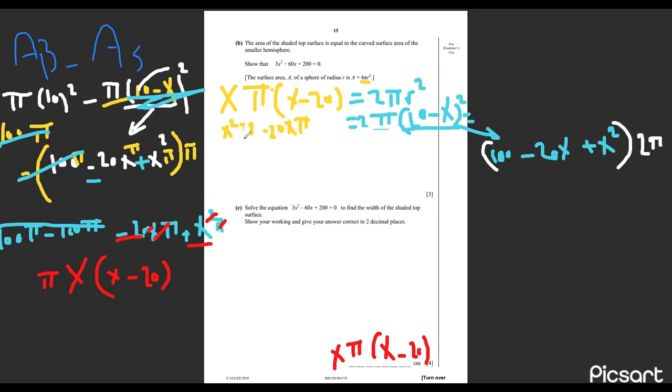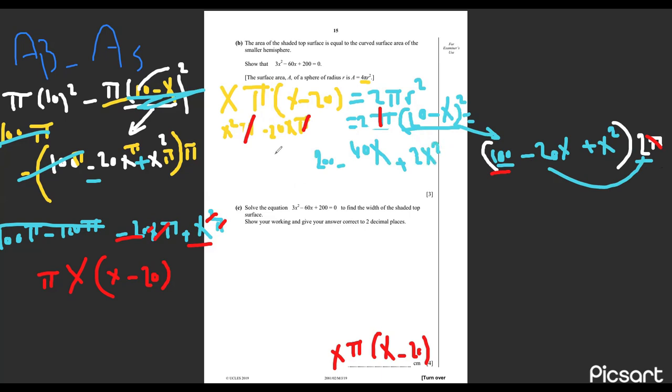We can cancel the pi from every term and just multiply by 2, which is easier. Don't make the numbers exaggerated, even if you are using a calculator. So 2 multiplied by 100 is 200, 20 multiplied by 2 is 40, minus 40x, and plus 2x squared.